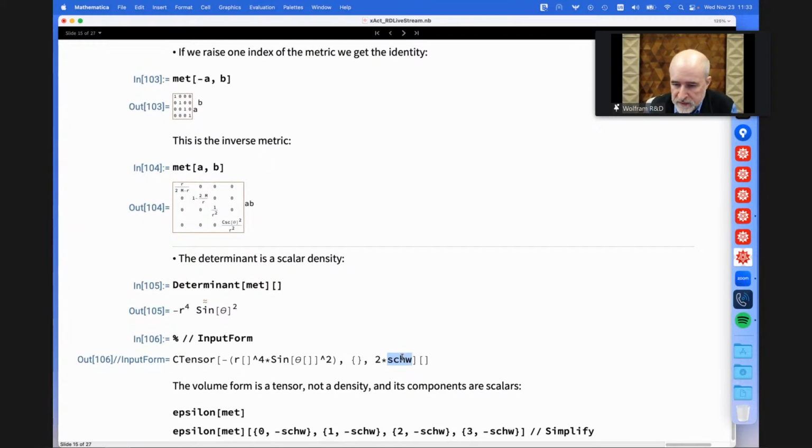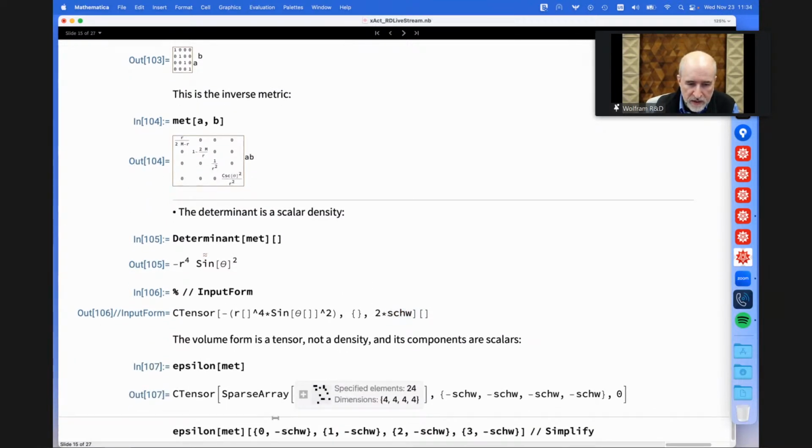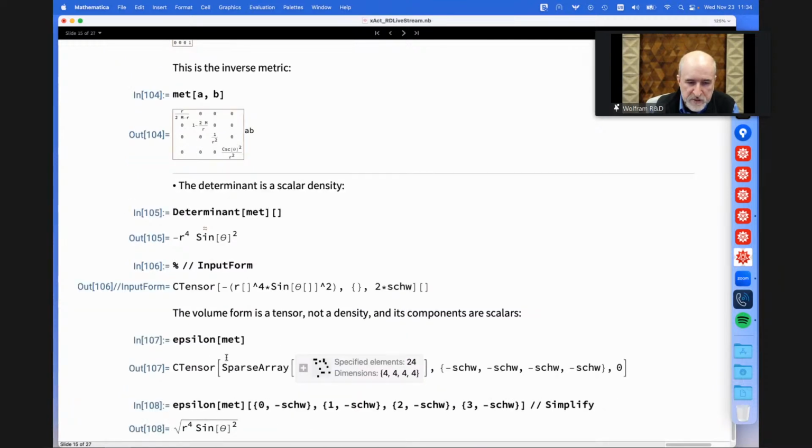This allows you to work with things like Jacobians. Very powerful. Finally, there is also the epsilon tensor, which is a tensor. You see, it doesn't have any tildes, and you can address components in this form. These are scalars. Again, I don't have time to work with this, but you can work both in the abstract computations and in the component computations with the epsilon tensor, the volume form.